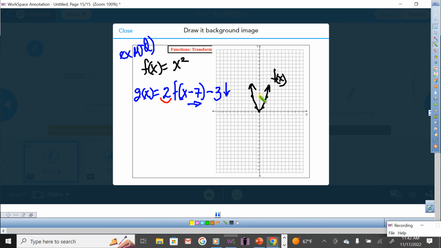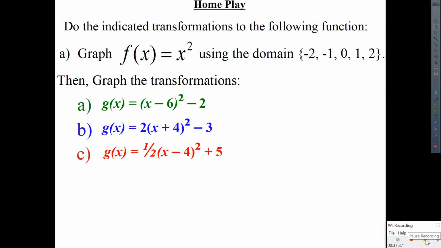This one is 4, and this one was 1. And now we have that. Home plate for tonight's on the screen. All right? I'll stop the video right there.